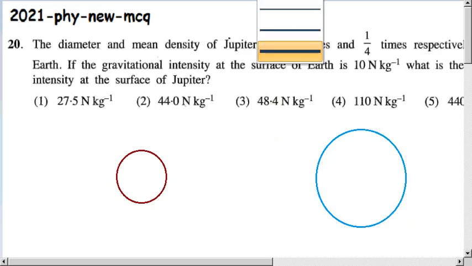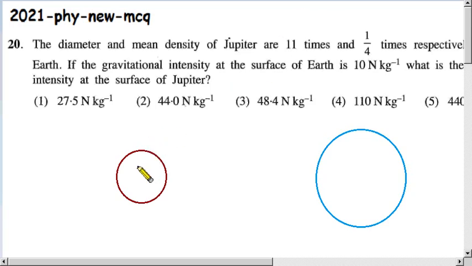So let us denote. First of all, the diameter and mean density. Diameter is 11 times. If the diameter is 11 times, the radius is also 11 times. So let us take the radius of Earth as just r.